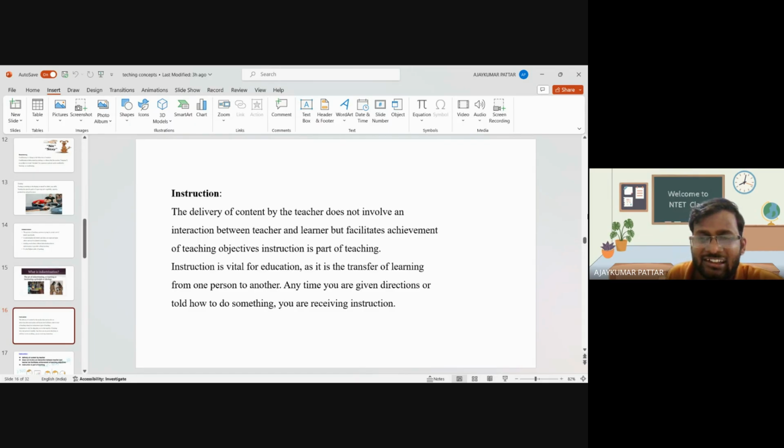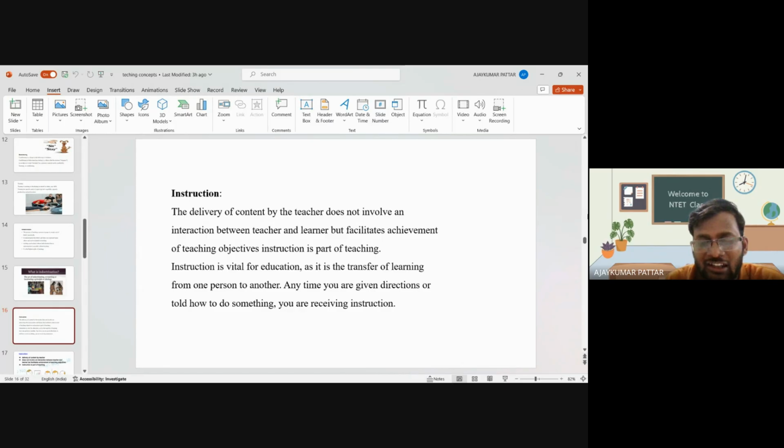The difference between teaching and instruction is this much: in teaching there is an interaction, but here the interaction will not be there. The teacher will instruct, the learner will follow, and they will achieve the objective. This also happens sometimes in the classroom; we simply instruct the students. Instructions are given for exams too.